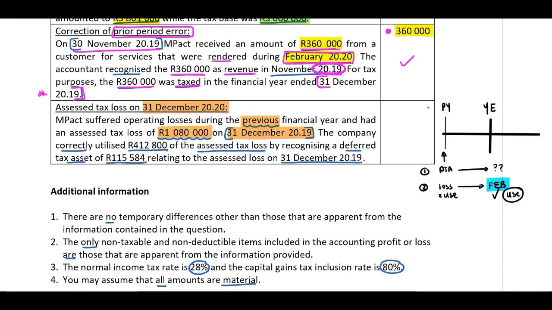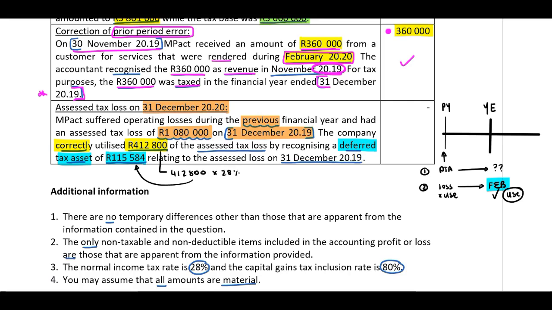The company correctly utilized 412,800 of the assessed tax loss by recognizing a deferred tax asset of 115,584 relating to the assessed loss of 2019. Okay, so if you times the 412,800 by 28%, you will see that this will equal to the 115,584.